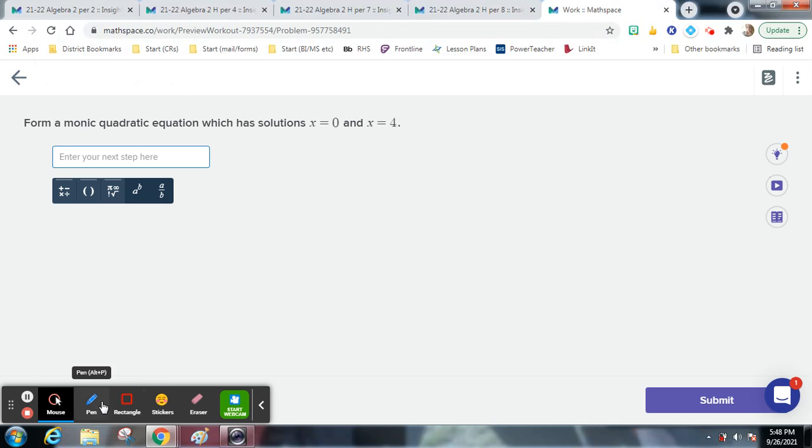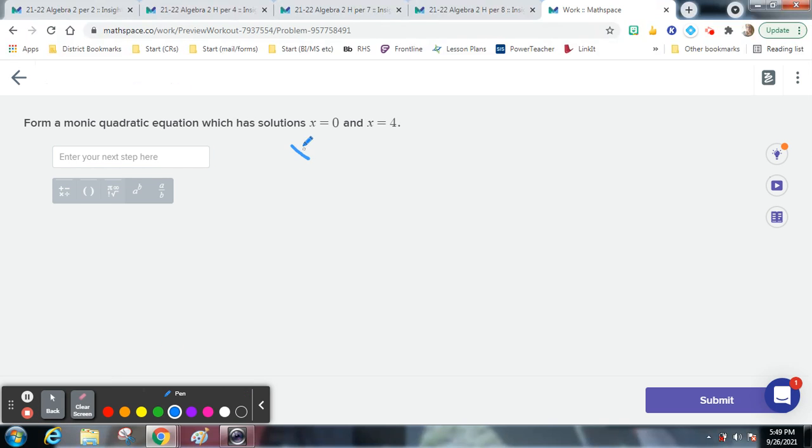Solutions mean, where did this come from? So x equals 0 came from just x, right? x minus 0 is where an x would equal 0. x equals 4 comes from x minus 4 equals 0. They're asking you, what equation did you have to solve to get those two solutions?